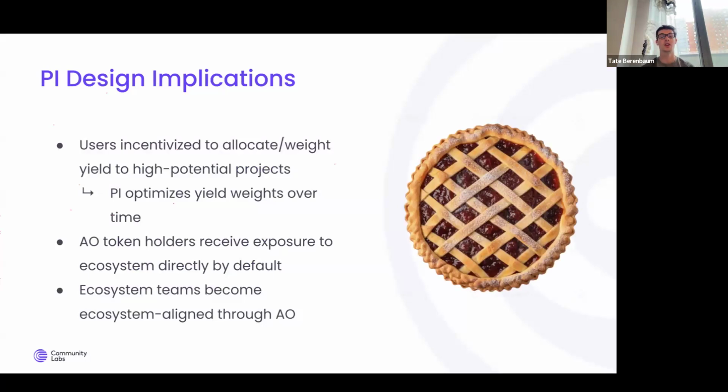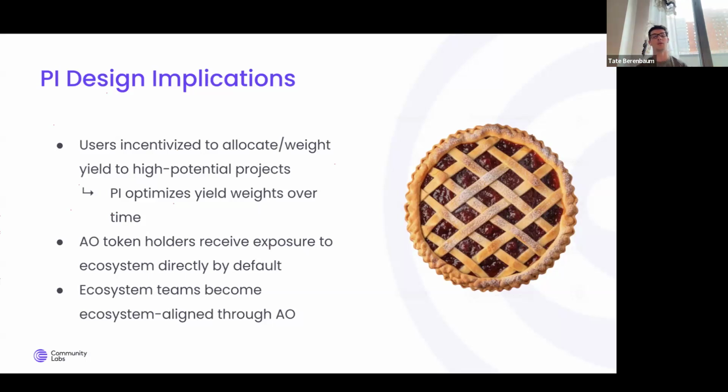So users are actually incentivized to weight or allocate their yield to the projects that they believe to be the highest potential. So for the sophisticated actors that don't want an index approach into getting exposure into the ecosystem, those users are incentivized via methods of capitalism to allocate their yield to the projects they believe in the most, similar to venture funds.